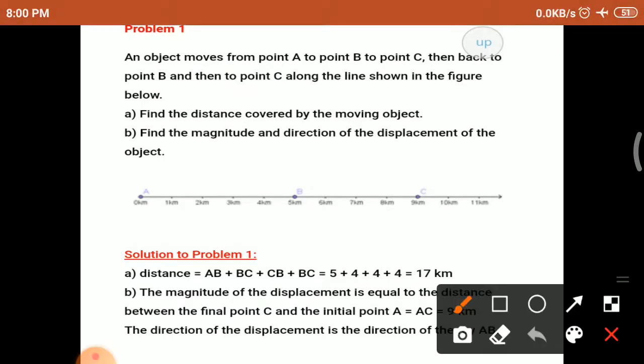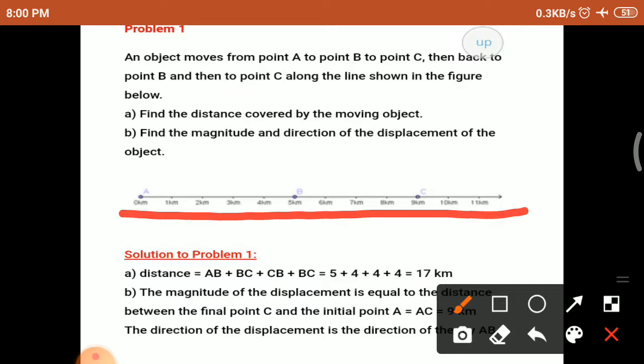An object moves from point A to point B, then to point C, then back to point B, and then to point C along the line shown in the given figure. Look at this figure. This is a straight line.